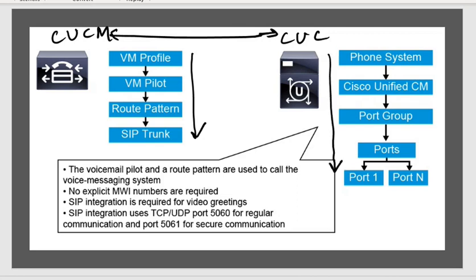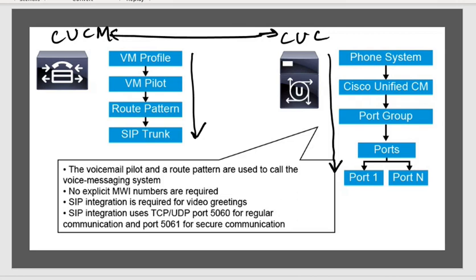You have to configure a phone system. You have to define what your CUCM is. You have to configure port groups and ports. That is, how many voicemail ports you want to allow at one time, right? So these are the configurations done at the Unity Connection end. So these are the two sides: you have to configure CUCM with these and Unity Connection with these functions.